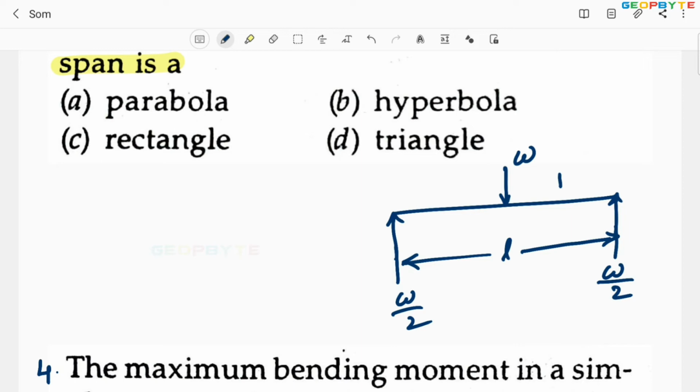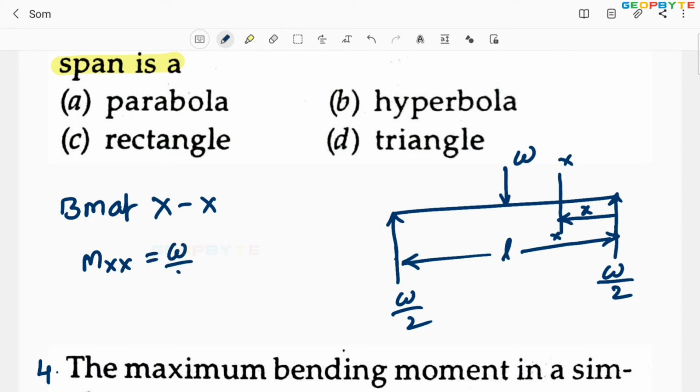Let us take the bending moment at a distance x from the right support. Then bending moment at XX. That is, I can write M_XX equal to W by 2 into x.